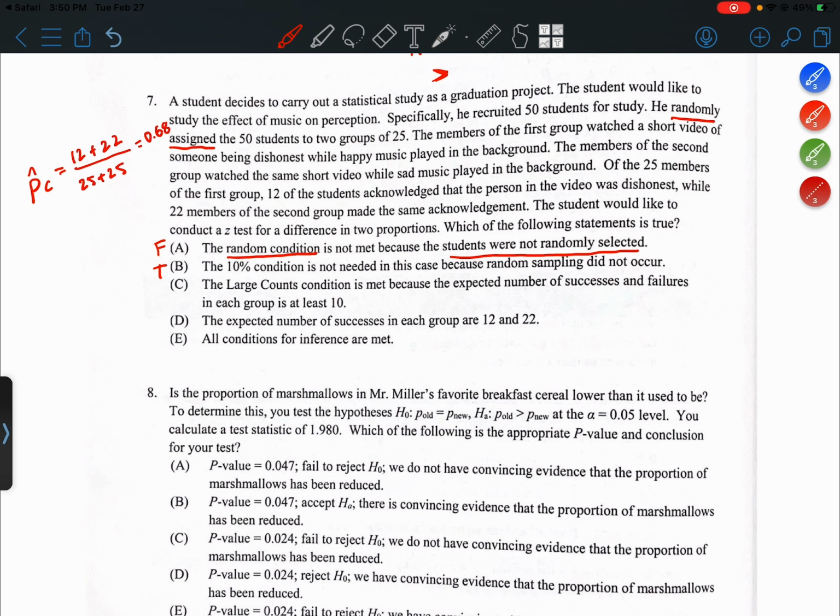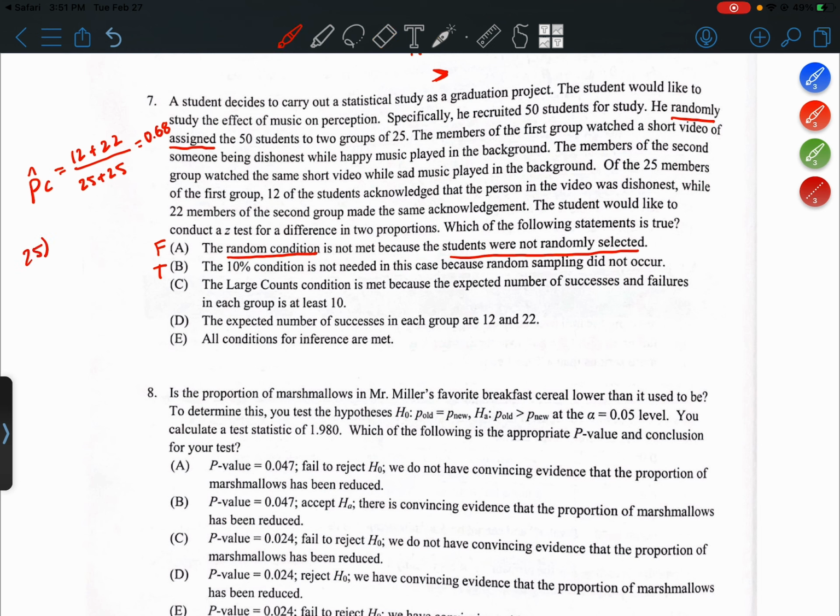All right, let's just double check. 12 plus 22 divided by 50. Okay, 68%. Good. And now the expected number of successes and failures. For each group, sorry, I did not have 50, I had 25.